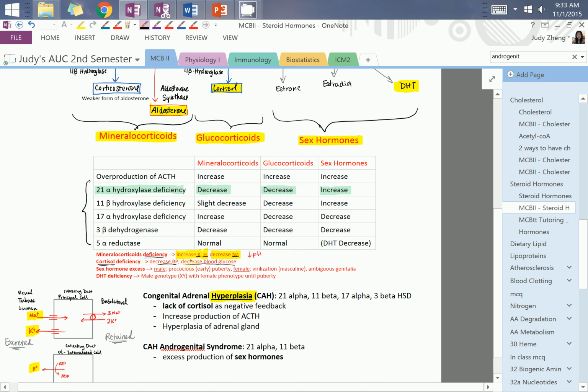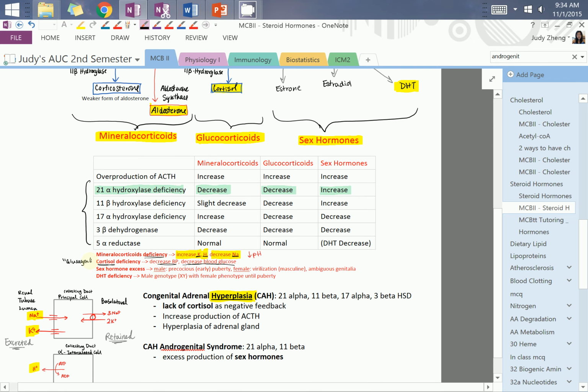So remember, cortisol acts a lot like glucagon in many ways. And what glucagon does is it will help you do gluconeogenesis. So cortisol would also, so without cortisol, you'll have less blood glucose.